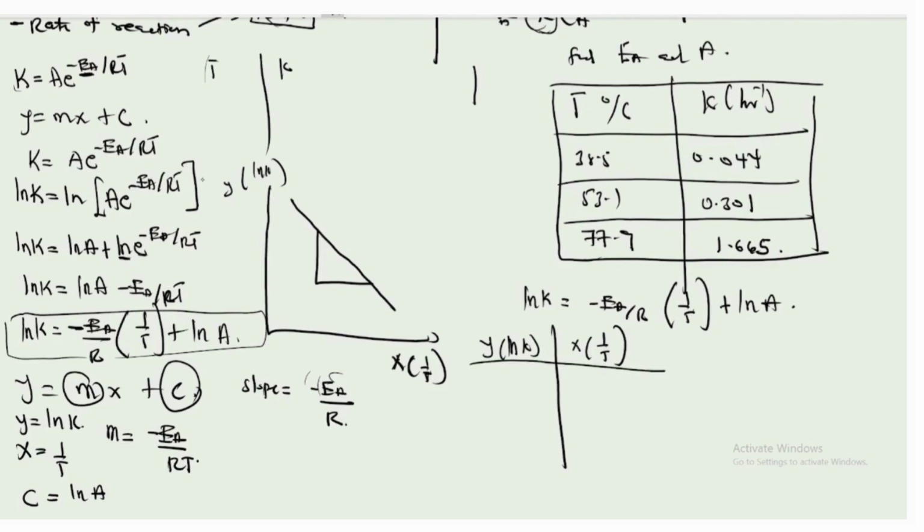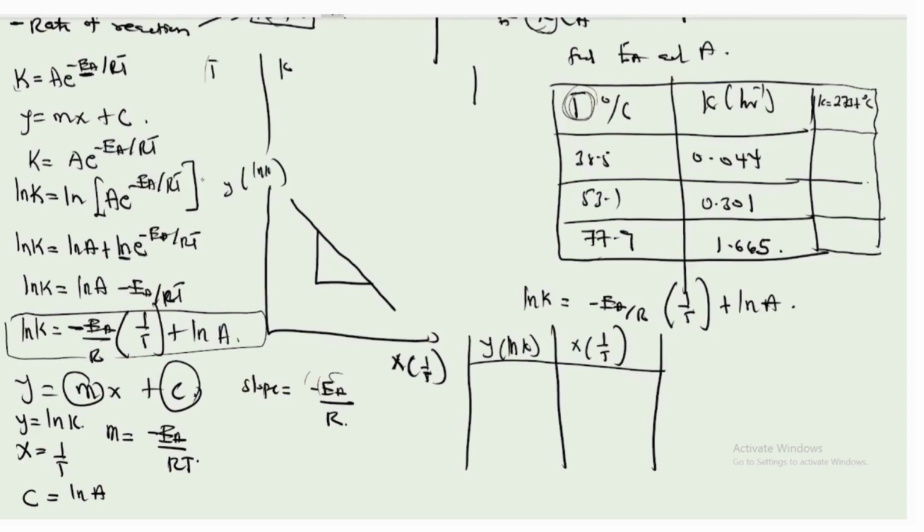Now before we do that, our T here is supposed to be in Kelvin, not in degrees Celsius. So we can convert the degrees Celsius into Kelvin. You know how to convert: temperature in Kelvin is equal to 273 plus that in degrees Celsius.